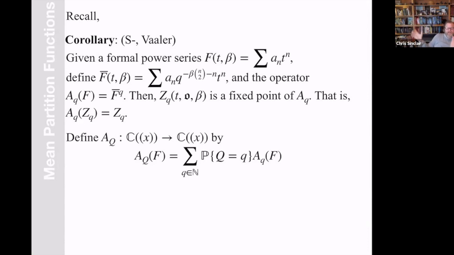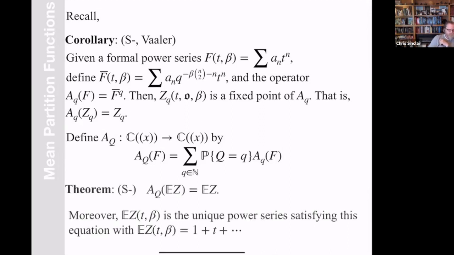And I take a convex linear combination of those operators, and I get a new operator. And then the theorem says that the fixed point of that operator is the expected canonical partition function for the profinite completion of a random branching process given with law Q.